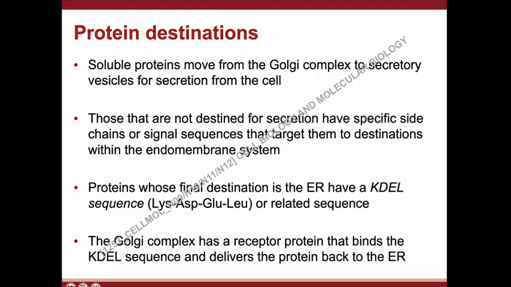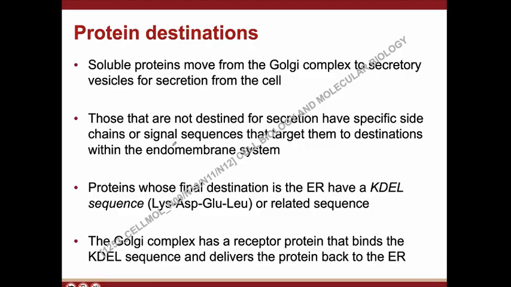For proteins that are, let's say, soluble in nature, the default pathway is from the Golgi apparatus to your secretory vesicles that move to the cell surface and fuse with the plasma membrane, leading to secretion. Okay?